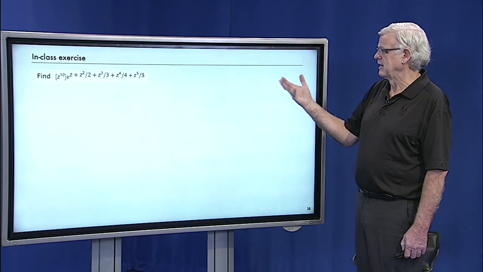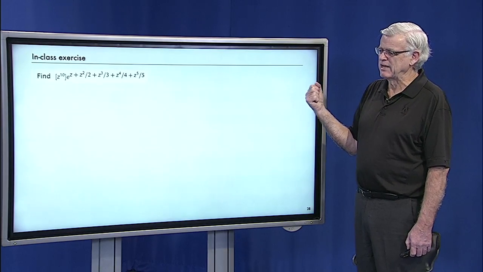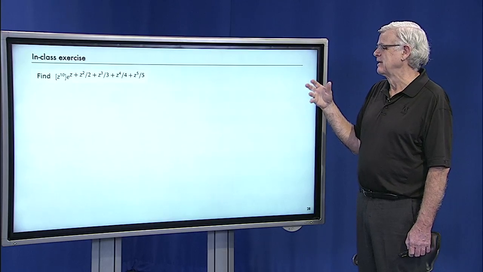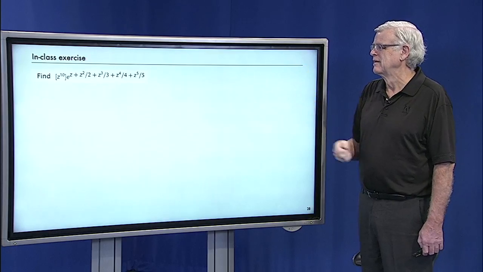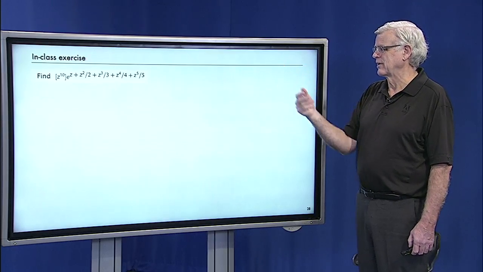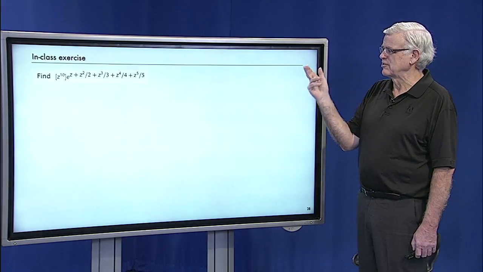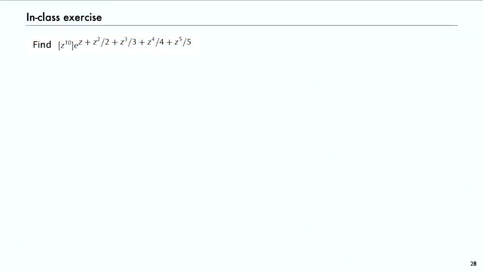Now for some applications you might not need to actually work out the full asymptotics, and just as an example, I want to show an exercise. So this is the generating function for the number of permutations that have no cycles of length bigger than 5. So let's say we have permutations of length 10.